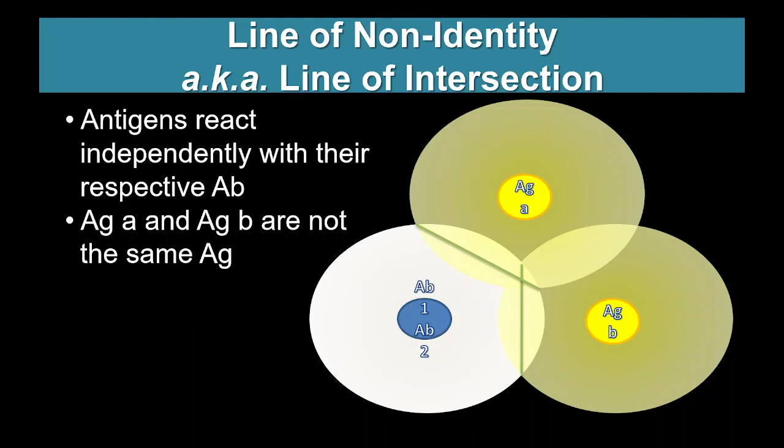Therefore, antibody 2 is specific to antigen B, which is present in our patient sample. Since we have two separate reactions, it means that antigen A and antigen B are not the same antigen.